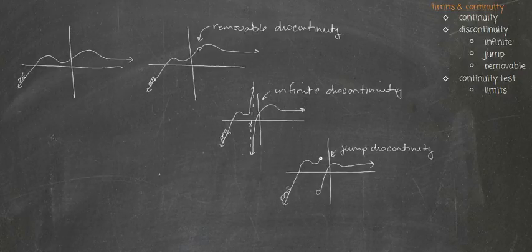We don't really care. A removable discontinuity is almost exactly the same as a continuity. We have a lot of tools to deal with that. Infinite and jump discontinuities, on the other hand, are disconcerting, and we have to bring out some pretty powerful tools to work with those, if we can work with them at all.